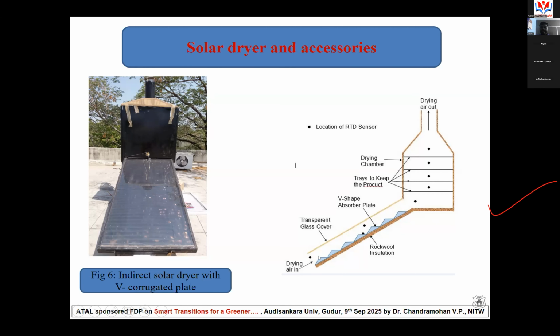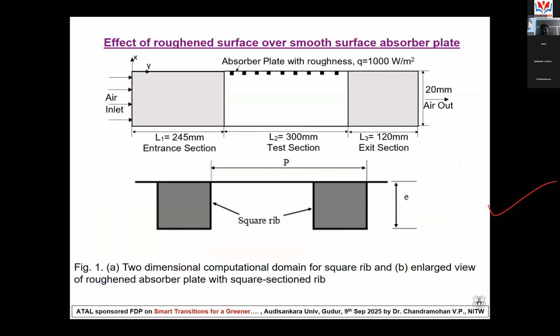Here we have given triangle corrugations, and different corrugations are there in the literature, like wire tape corrugations, rectangle corrugations, and zigzag corrugations. There are a number of types. We are solving them one by one using CFD techniques, almost all the works are published, and we are still working on that.